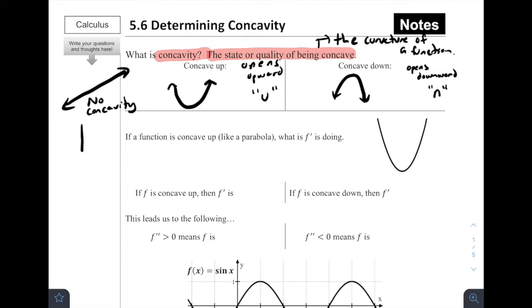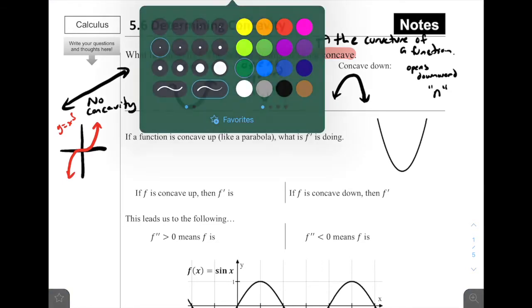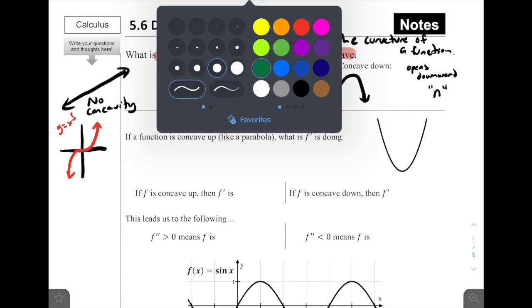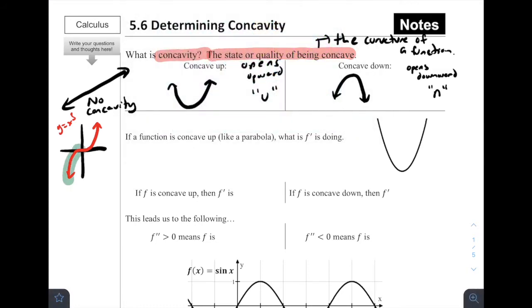For example, if we think about a basic cubic function, like y is equal to x cubed, we have a function that essentially looks like this. On this green part here, it is N-shaped. It is curving downward, like that downward parabola.